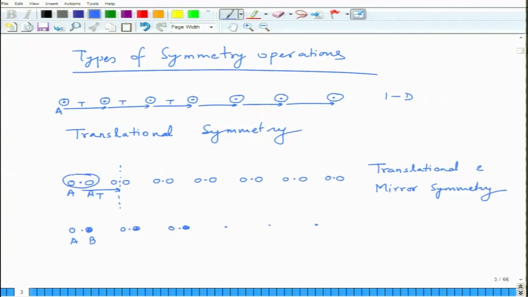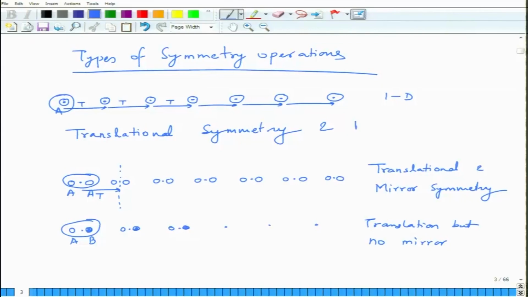This is the motif in this case, this is the motif in this case, this is the motif in this case, but now you have translation but no mirror. So, in 1D you can have operations which are called translation and mirror operation, reflection, we call it reflection. So, translational symmetry and reflection. These are two symmetry operations, translation and reflection; they apply to 1D, 2D, 3D, all of them, but the only two cases which are possible in 1D are these two.